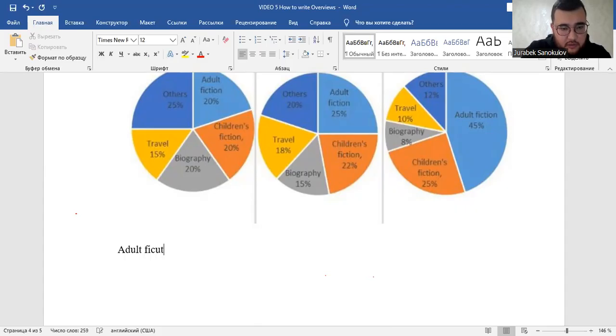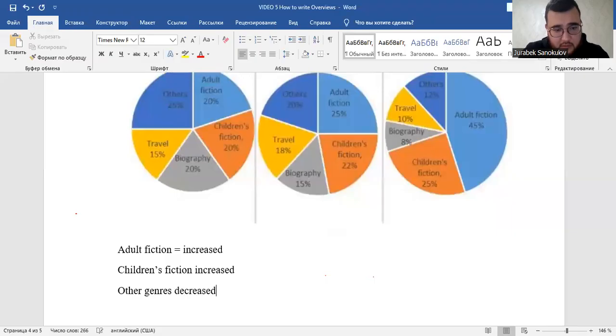Adult fiction: increased. Children's fiction: increased. Other genres: decreased. By other, I mean travel, biography, and other unspecified genres.